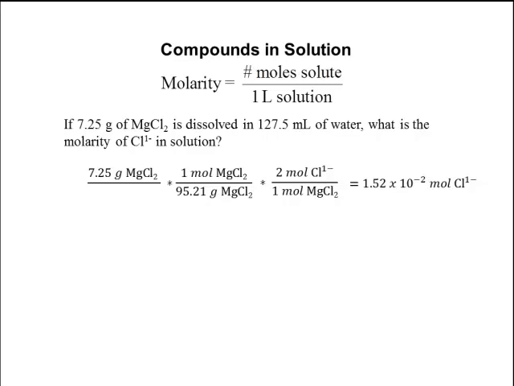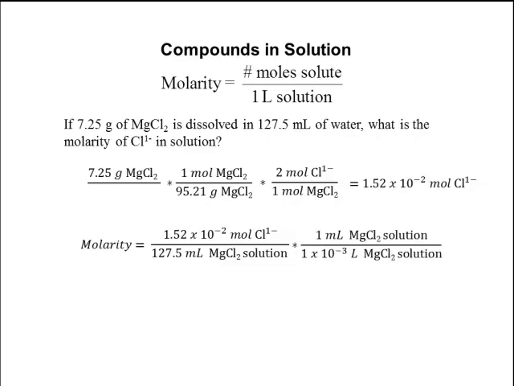Once I know the moles of chloride ions, take the moles divided by my volume. I got to make sure that volume's in liters. And I end up with 1.19 moles of chloride over 1 liter of the magnesium chloride solution, which can be represented by the 1.19 molar chloride.